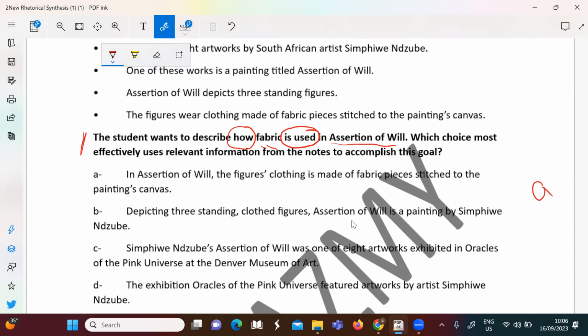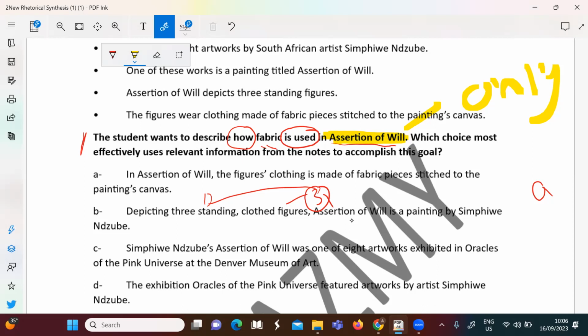So here he discussed three things, right? Three different things. And the question asked us about only one thing, which is the fabric in Assertion of Will only. So this is concerning B.